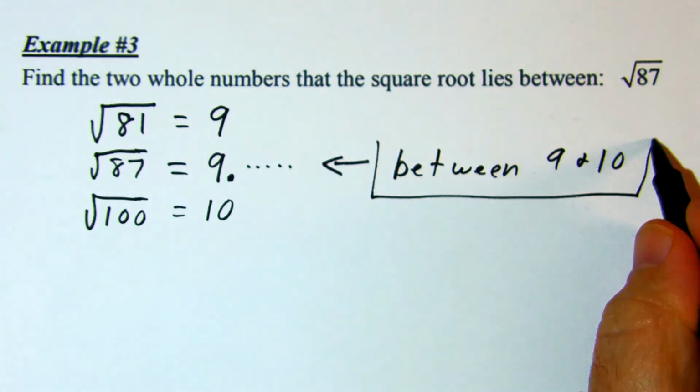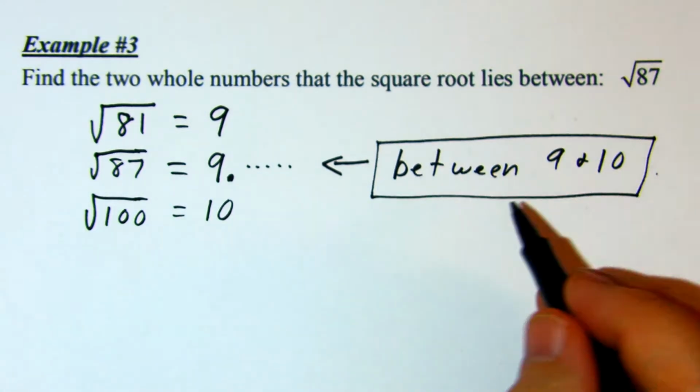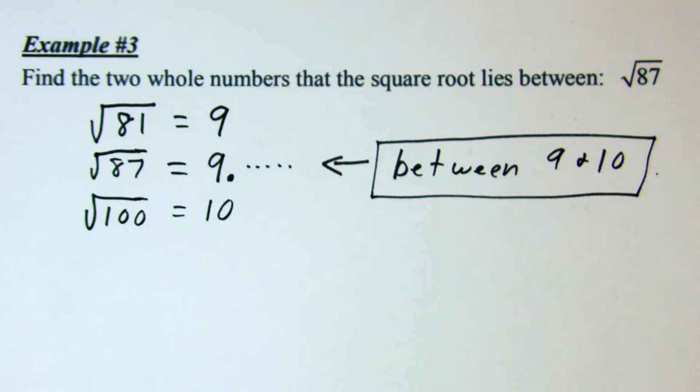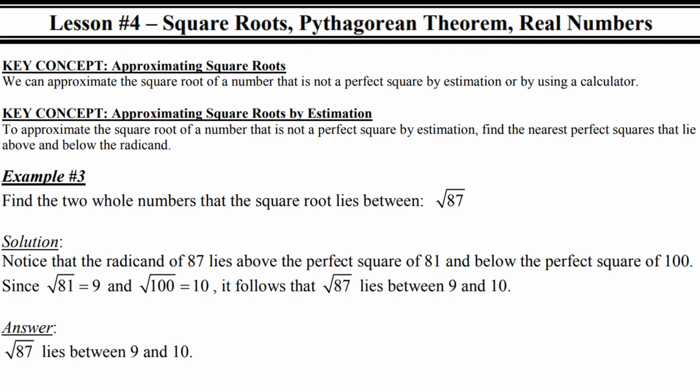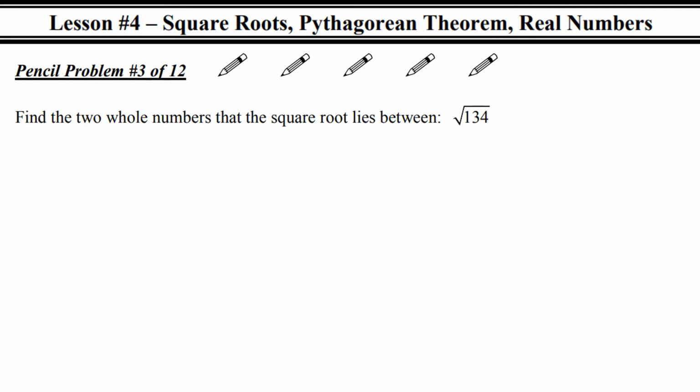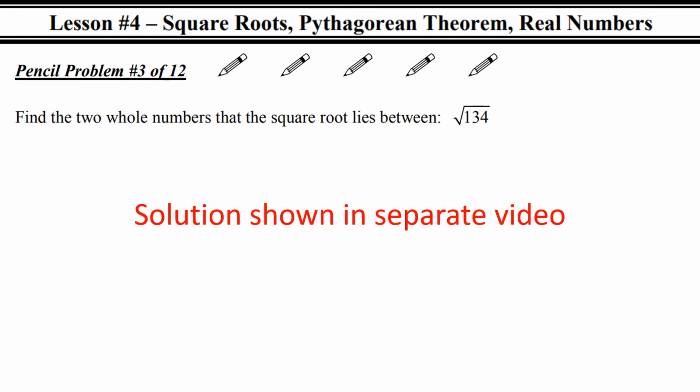So the square root of 87 lies between 9 and 10 is our final answer. Here's the printed solution of that example. And now we come to pencil problem number 3, and the solution is shown in a separate video.